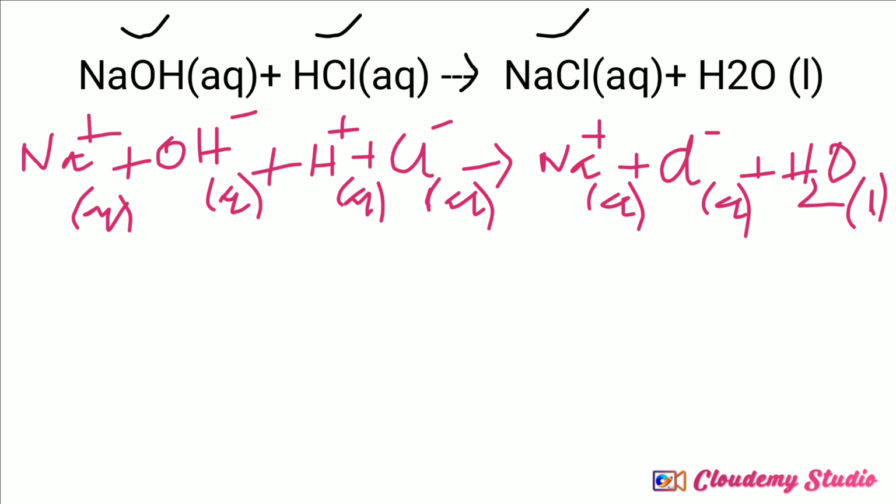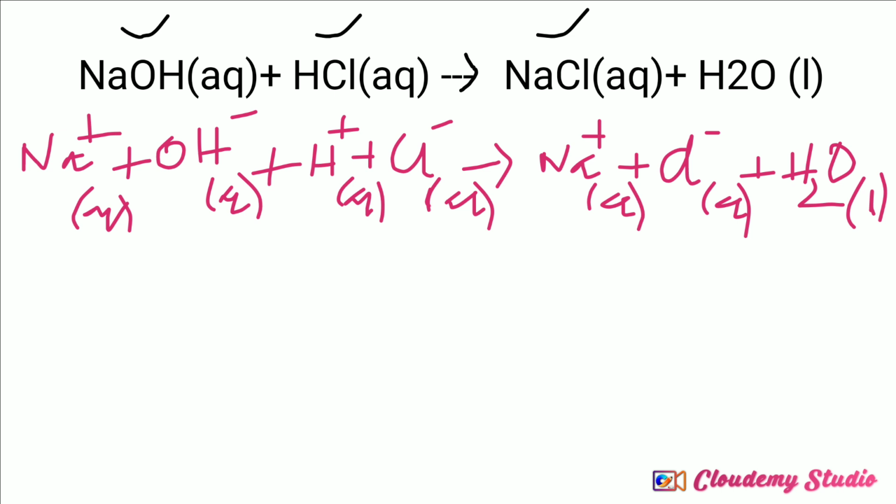What's the rule? The spectator ions will be the ions which are present on both the reactant side as well as the product side. Those ions we call spectator ions.